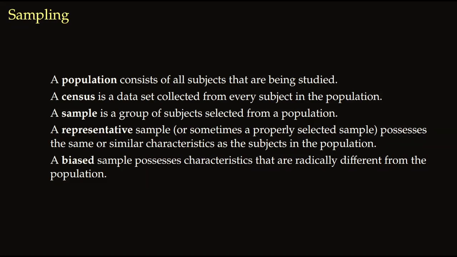In order to do meaningful statistics, we need to have a representative sample, a properly selected sample, so that we know that our sample will have the same or close enough to the same characteristics as the entire population. A biased sample does not have that.